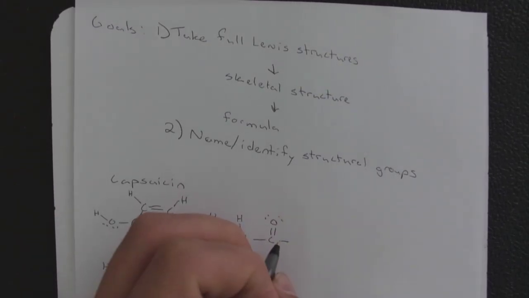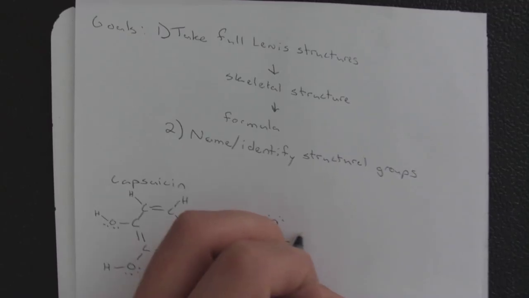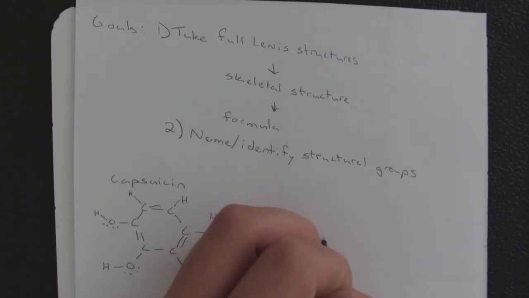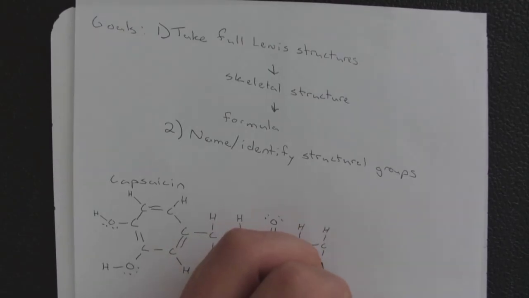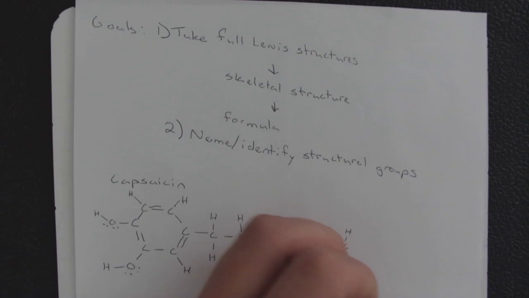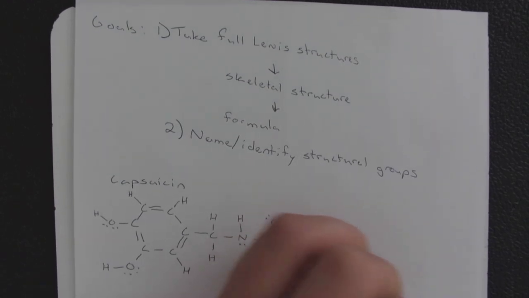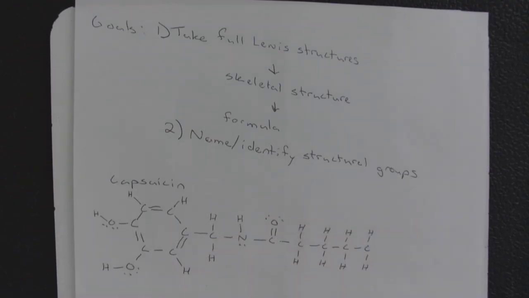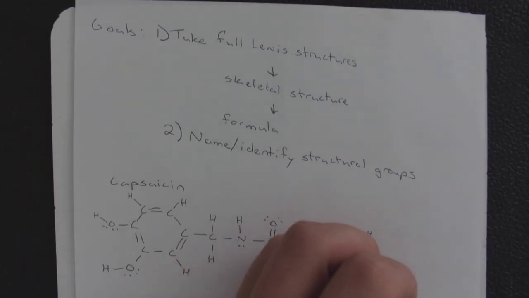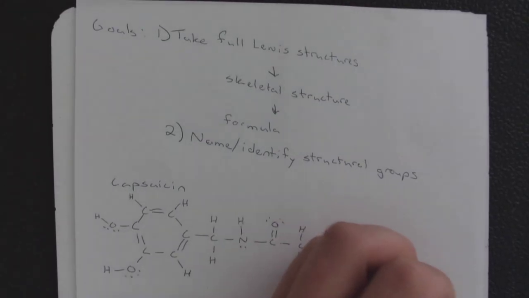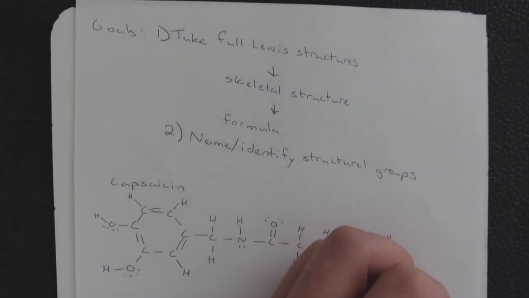So when I do this, you can see again, I've got so many carbons and hydrogens that this is going to take up the entire page going across. And when I'm drawing it, I get a little bit lost as well. So this is why we oftentimes will draw our skeletal structure instead.